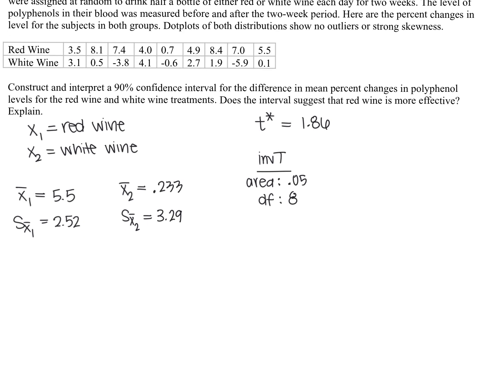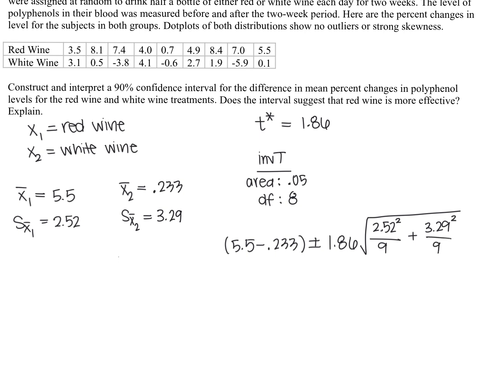So now I'm going to set up my interval. We're going to have 5.5 minus 0.233 plus or minus 1.86 times the square root of 2.52 squared over 9 plus 3.29 squared over 9. And again, I do like to do this in steps.